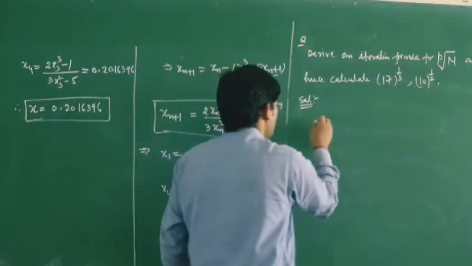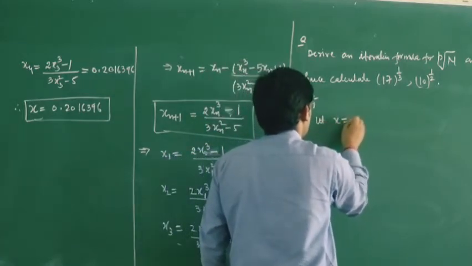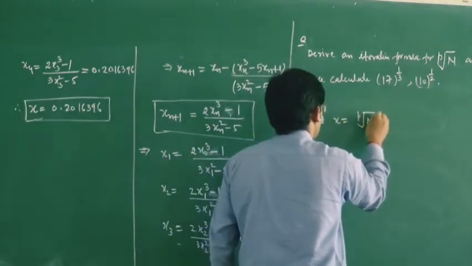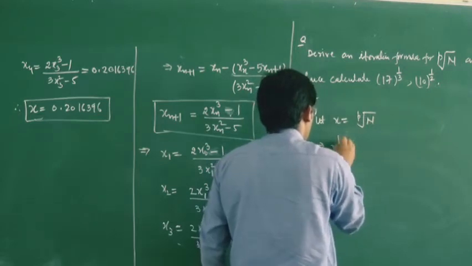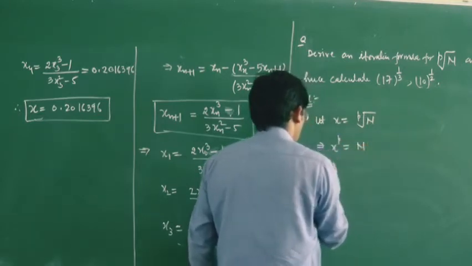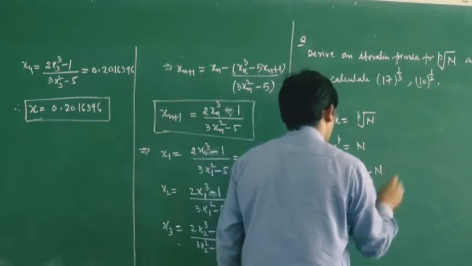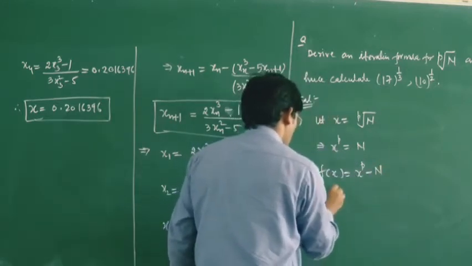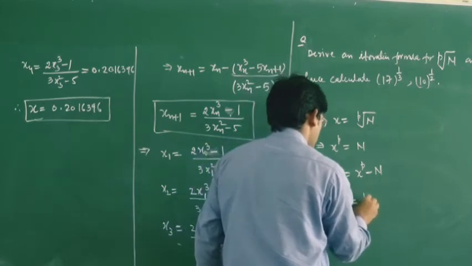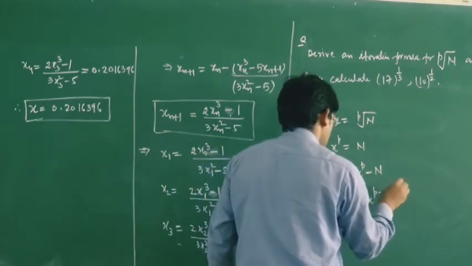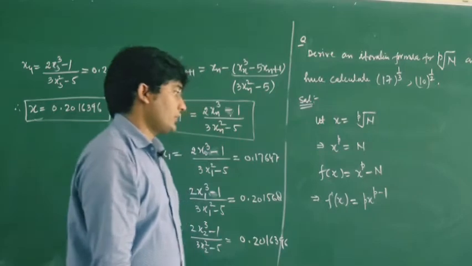So, solution. Let us assume x equal to the pth root of n, then x to the power p will be equal to n. So let us assume f(x) equal to x^p minus n. So from here our f dash x will be p x^(p-1).